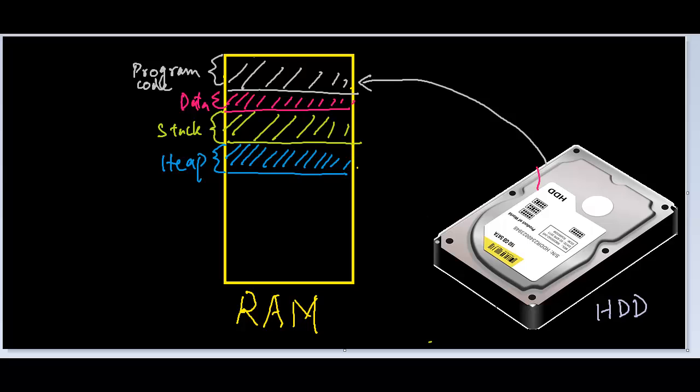So all of these are part of the process, right? But besides these, the register values are also part of the process.